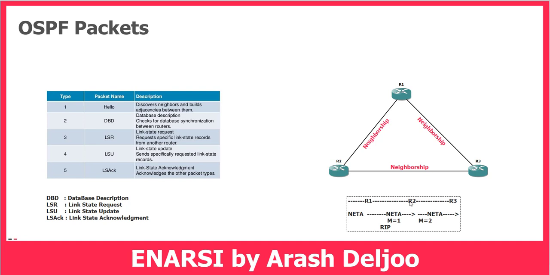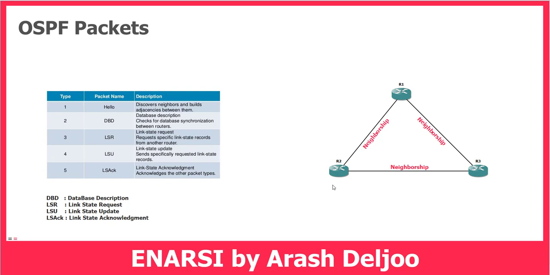R1 sends its update to R2, and R2, after some change, should send this update to R3. This means that R3 doesn't receive the R1 update; R3 is receiving the R1 update plus some change. This is the behavior in distance vector protocols.